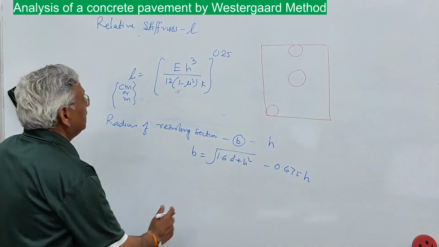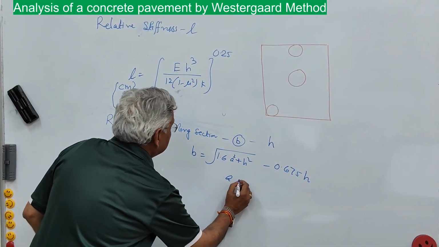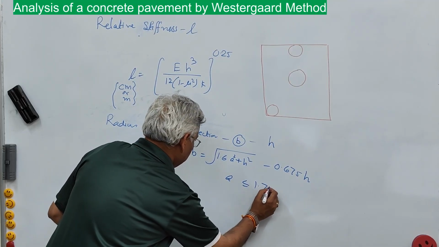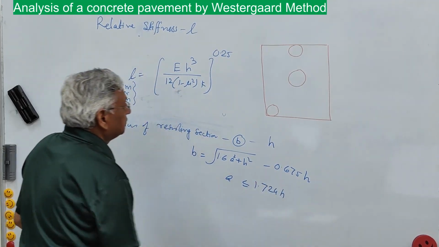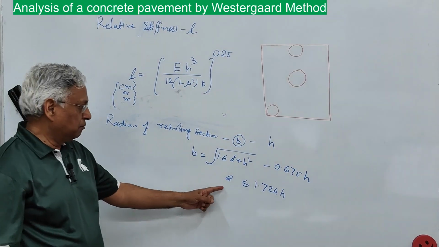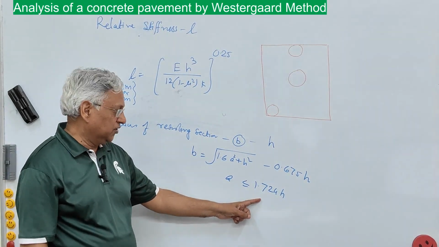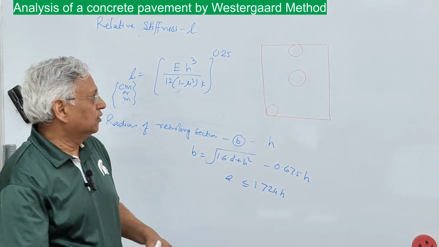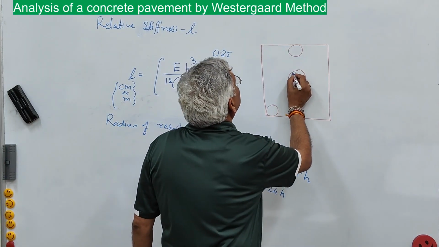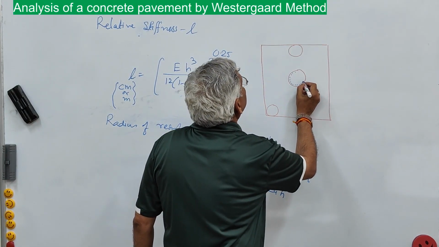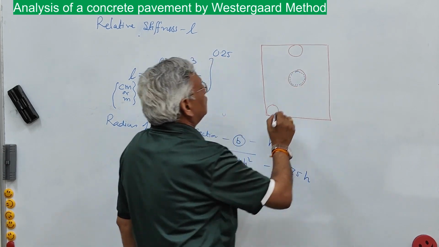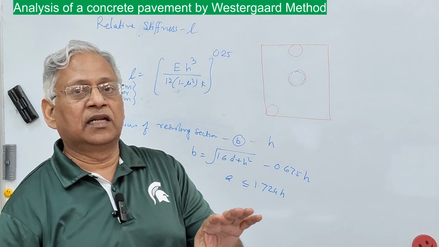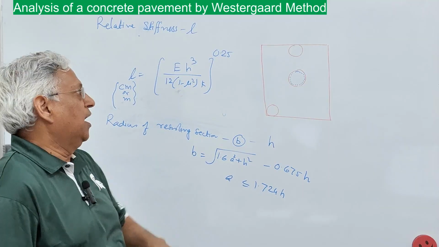Now this equation is when a is less than or equal to 1.724 h. And if it is more than 1.724 h, then b is equal to a. So this is the radius here, which is slightly less than or equal to a, which will resist the bending moment in the slab.